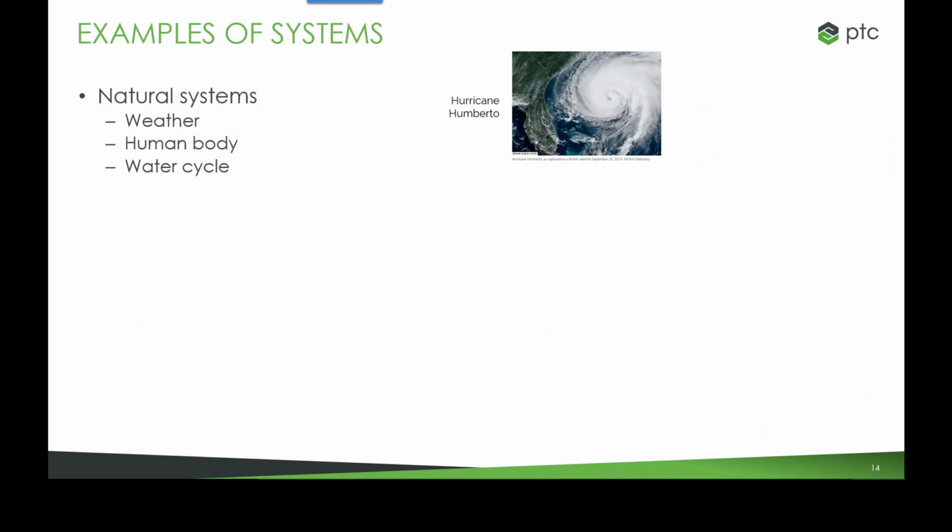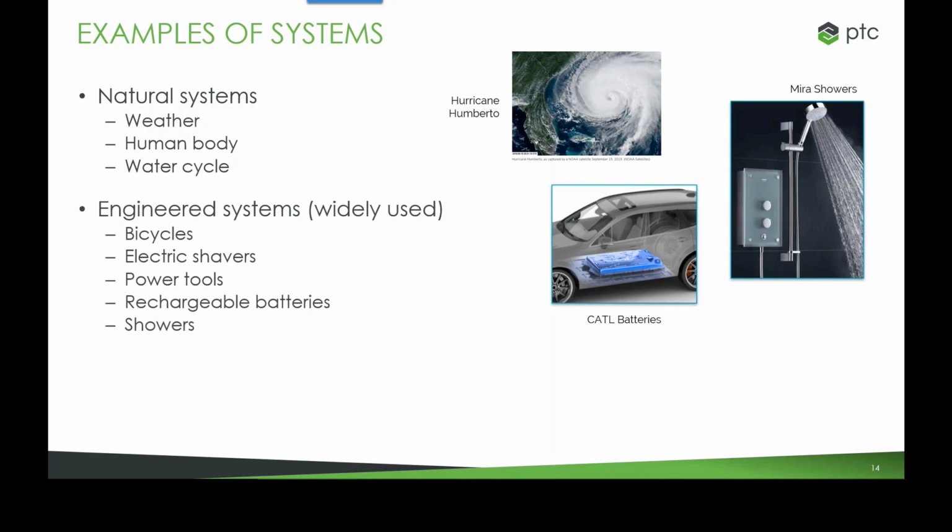Some examples of systems that we all know. The weather systems. So we all see these kind of graphics more and more as hurricanes fall over the Caribbean. The human body has many systems, and we hear about these, of course. Water cycle, another one we know very well.